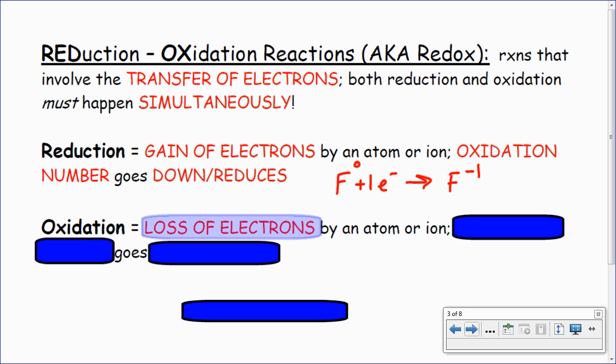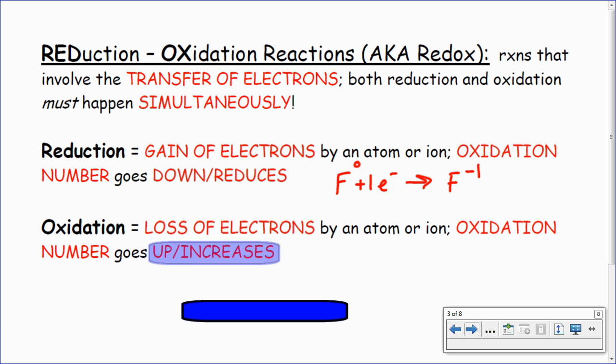Oxidation is the opposite, the loss of electrons by an atom or an ion, and the oxidation number goes up or increases. An example would be something that fluorine would like to get together with: lithium becoming lithium +1 plus 1 electron. Okay, so that's oxidation.